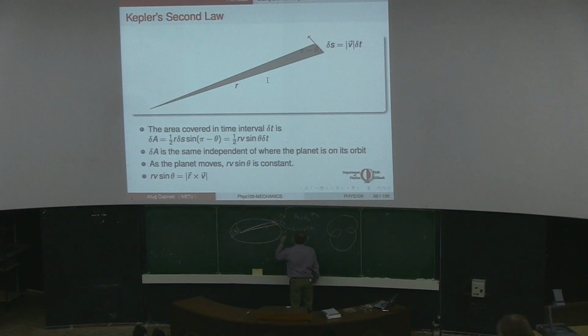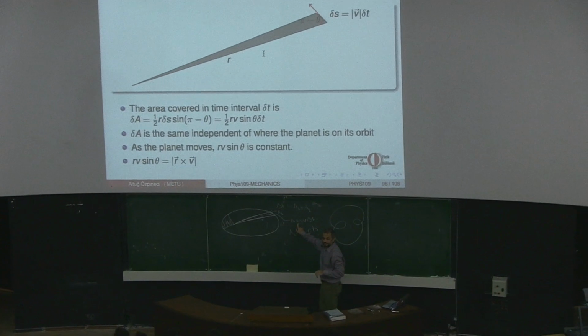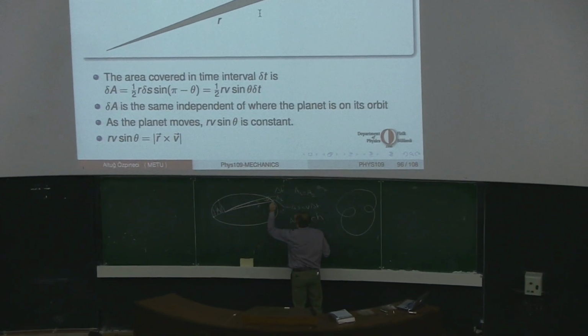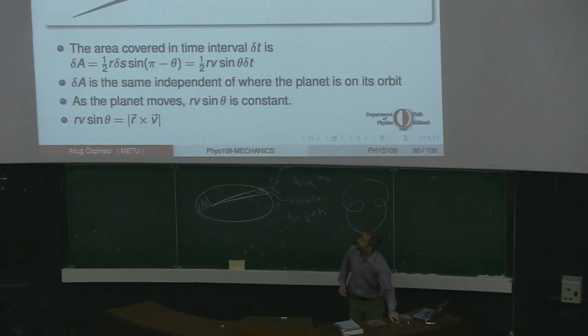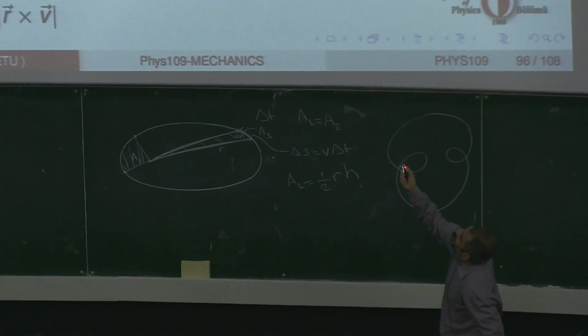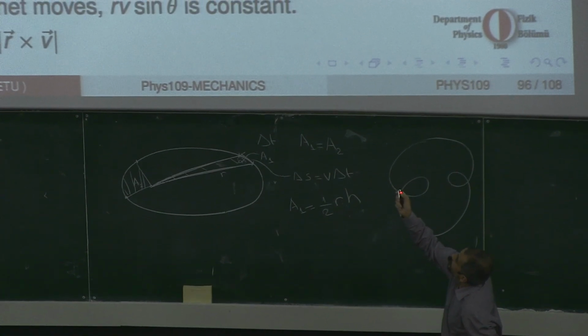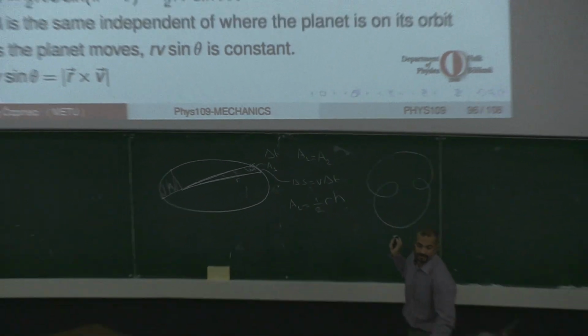Here I have a height. Now this delta S is the length of this arc over here. So you see I have an arc over there, and I have an arc over here. Well, this is a straight line. The length of this arc is almost equal to the length of this straight line.